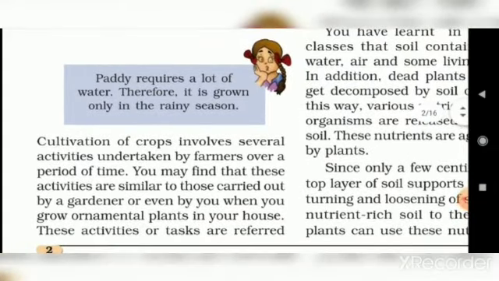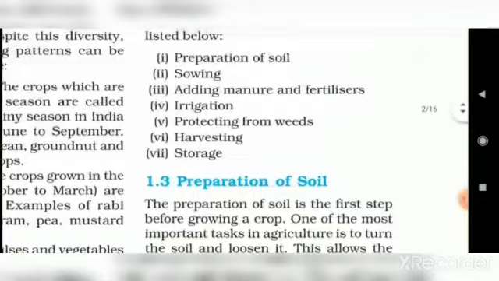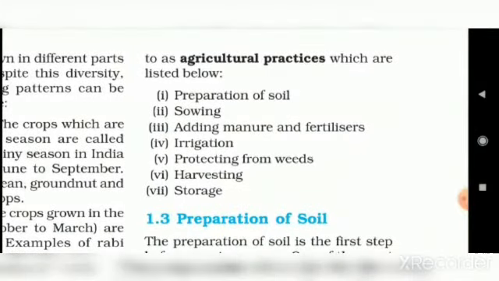These activities or tasks are referred to as agricultural practices, which are listed below. Preparation of soil, sowing, adding manure and fertilizers, irrigation, protecting from weeds, harvesting, storage.